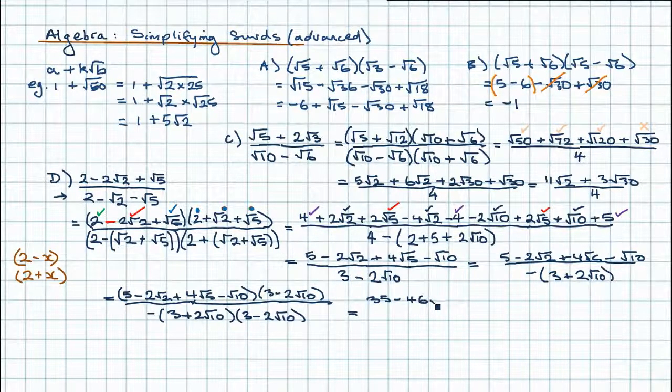So all the root 2's gathered together come to negative 46 root 2. All the root 5's come to 20. So 20 root 5. And all the root 10's come to 13 root 10. So just skipping a step there in the interests of time so this video doesn't become too long, but that's the numerator multiplied out and then gathering like terms.